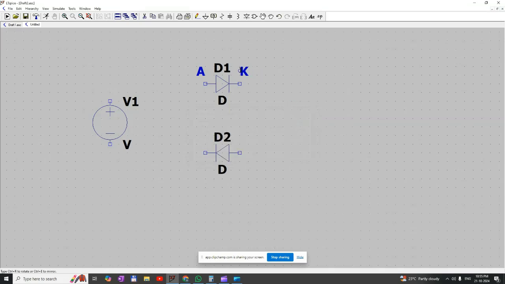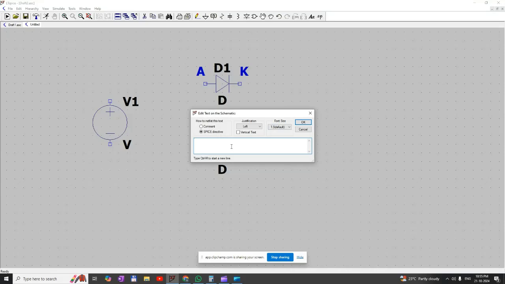Then only this D1 will go into conducting. Here D1 and D2 are practical diodes, not ideal diodes, with cutoff voltages 0.7 volt.